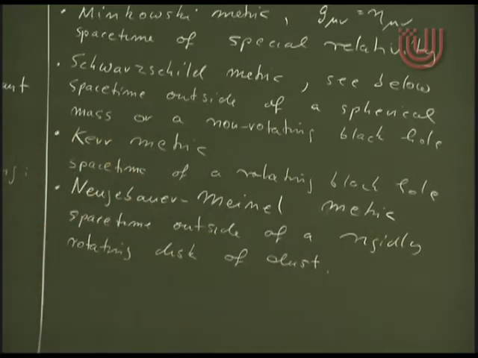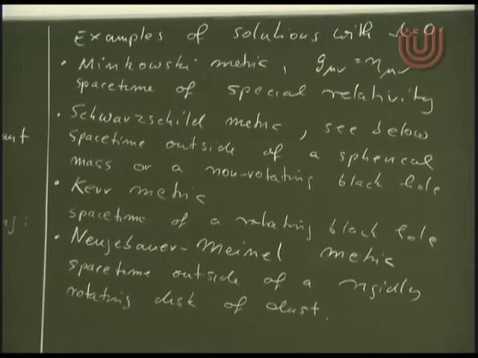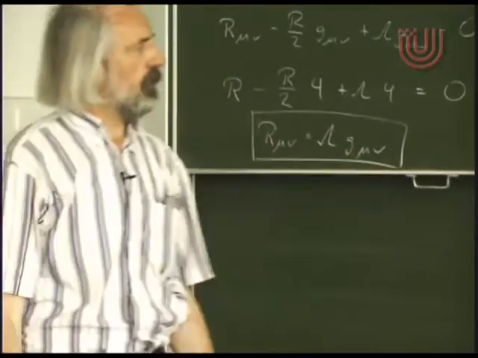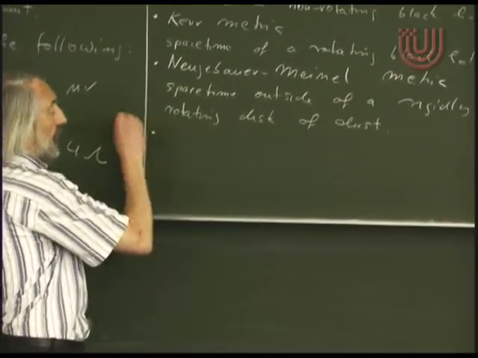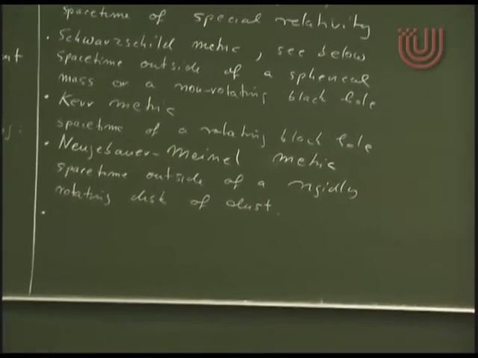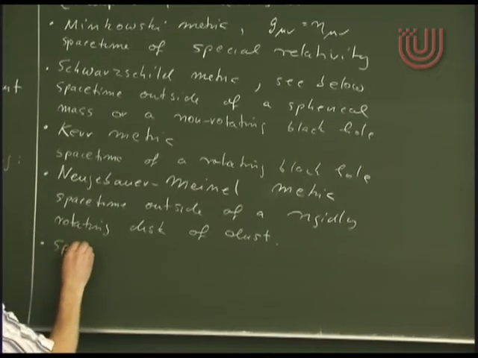So it could serve as a rough model for a galaxy, right? You could idealize a galaxy as a two-dimensional disk, as something completely flattened which rotates rigidly. It's not a very subtle model, but it is at least a rough model for a galaxy. And then there are other solutions which I mention only without going into detail, which describe gravitational waves.